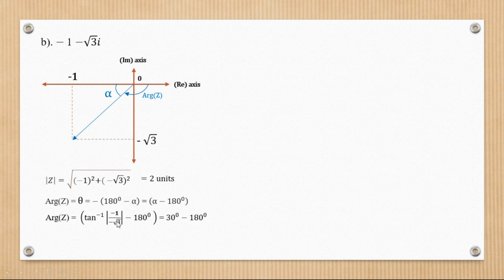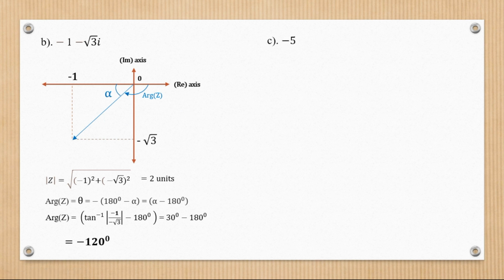So we treat the answers here as positives. We end up with tan inverse of 1 over root of 3, which is equal to 30. So 30 minus 180, and the answer is negative 120 degrees. And that is our answer for the argument of z.